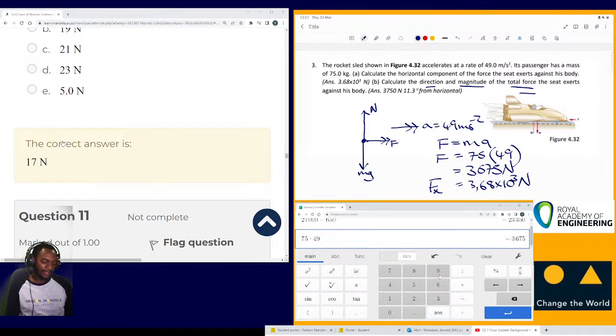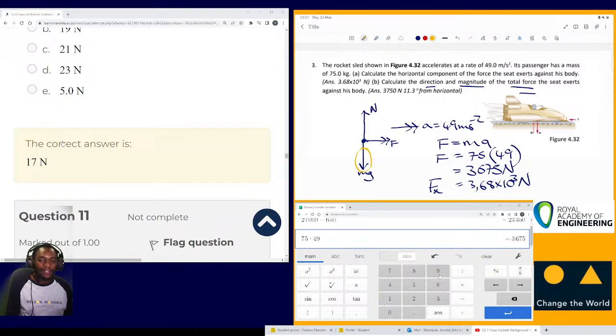Let's see. Calculate the horizontal component of the force. Okay, we're not considering the person now. It says the total force the seat exerts against his body. So mg is the weight of the person. But now we're not interested in the person.